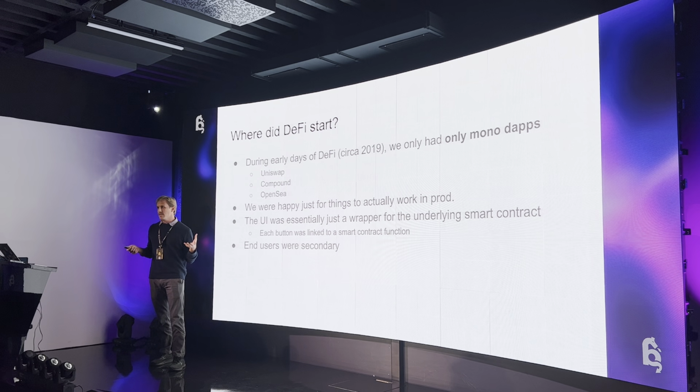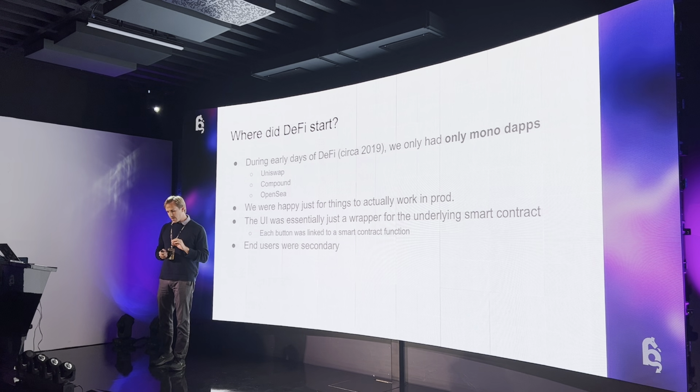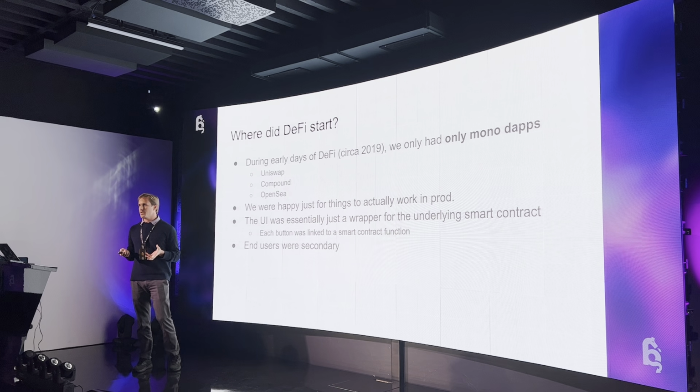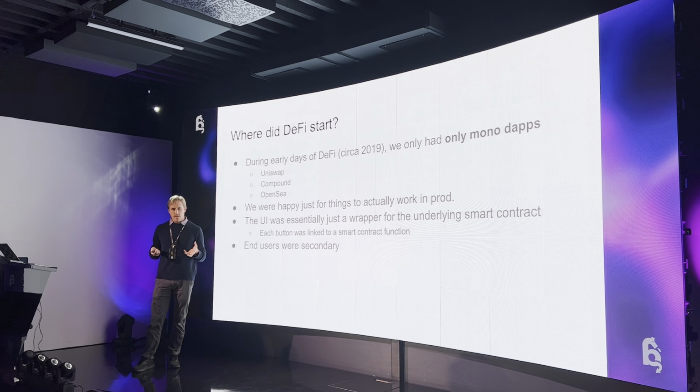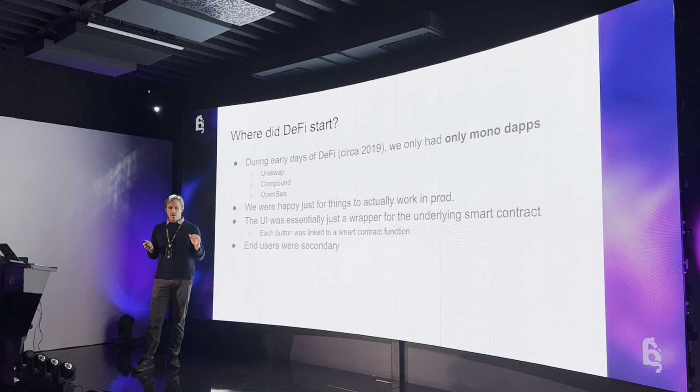And in all those cases, there's really just a front-end UI for the smart contracts. And not that user experience was ignored back then, but really the emphasis was just getting something to work in prod, because the technology was so new and so raw. And basically, end users were secondary, and the user interface was like a wrapper for the underlying smart contract protocols.